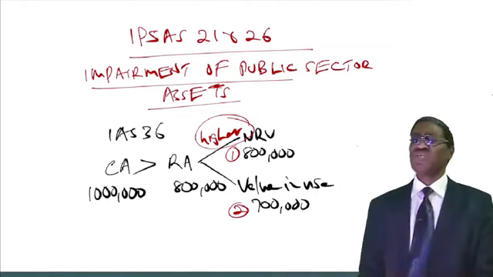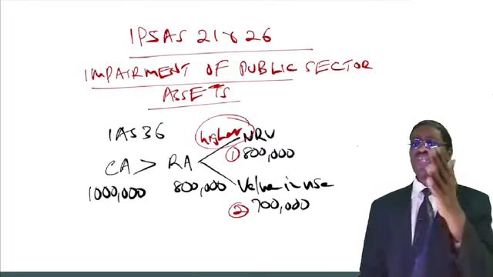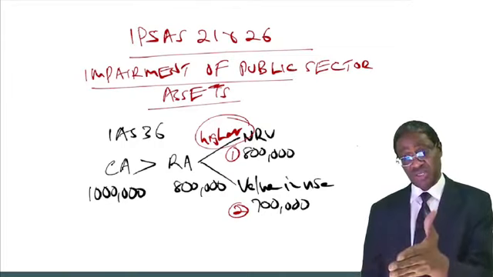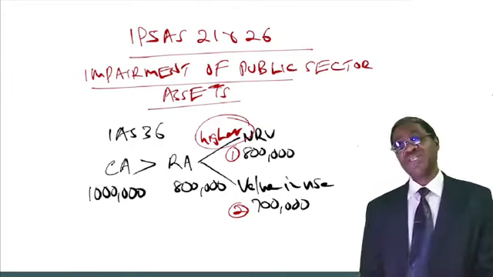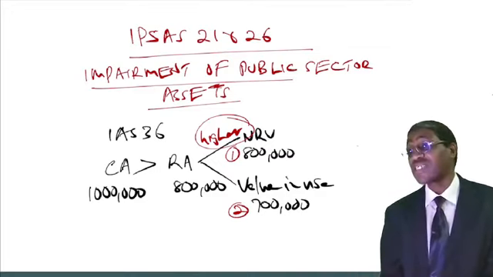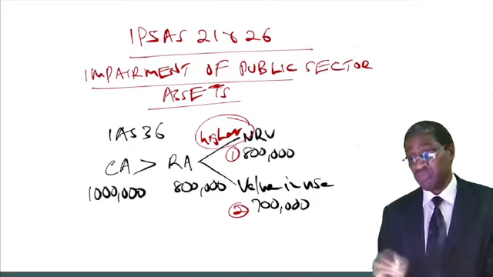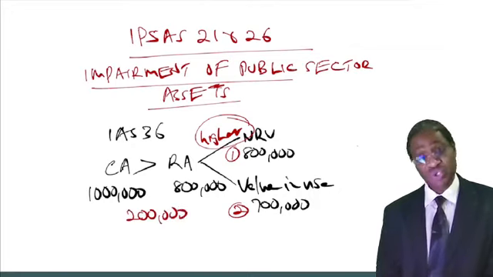Okay? Then once you compare the carrying amount of the asset with its recoverable amount, if the carrying amount is higher than the recoverable amount, like in this case, then your asset is said to have suffered. So from this illustration, our asset has suffered an impairment loss of how much? 200.